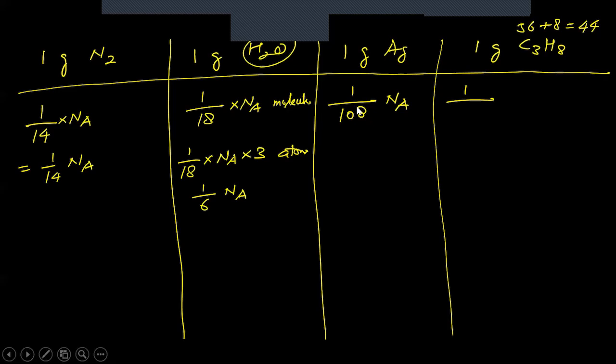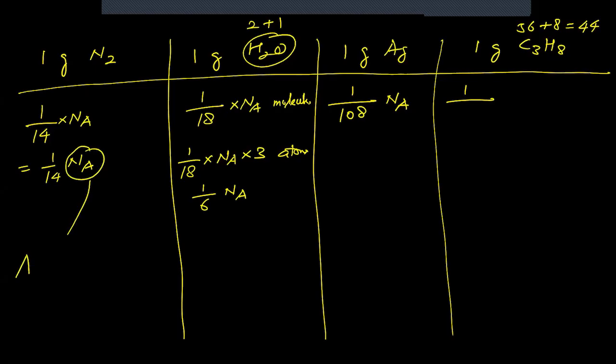Sir, after calculating the number of moles, shouldn't we multiply it with 6.022 into 10 to the power 23? Yes, that's what I am doing. Na is the Avogadro number, equal to 6.022 into 10 power 23.